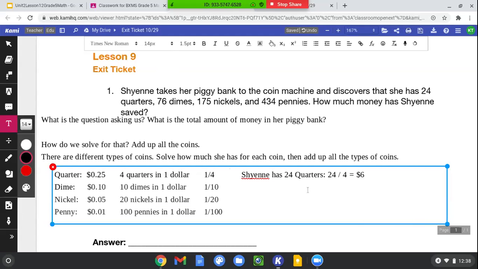So she has $6 in quarters. Now, how many dimes does she have? Cheyenne has 76 dimes. So 76 divided by 10 is going to be $7.60 in dimes.